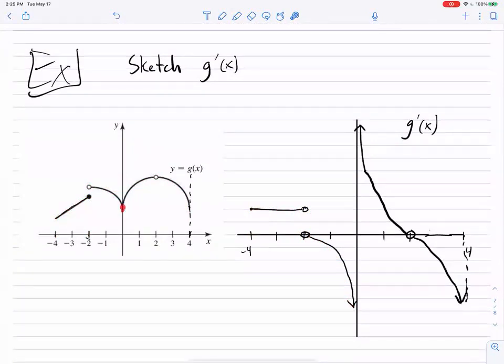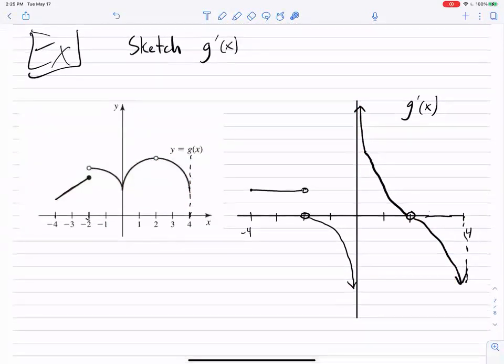And then coming from the right, they're going to be really, really big positive slopes until it tapers off here and goes to 0, but it doesn't actually include that point because the function does not have a value there. And then as we move to the right, the derivatives are getting more and more negative until it gets this asymptotic thing at 4. And so this would be how we graph the derivative of that function.